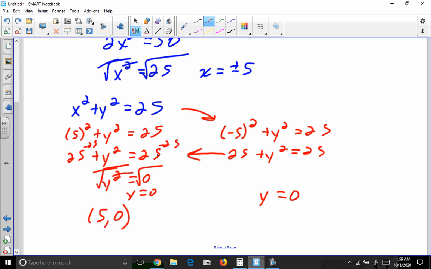We've already worked it out step by step once. Here, we don't need to redo it again, but y is 0, so when x is negative 5, y is also 0. So that gives us two solutions for this one. When x is 5, we only get one y. When x is negative 5, we only get one y, so two solutions.